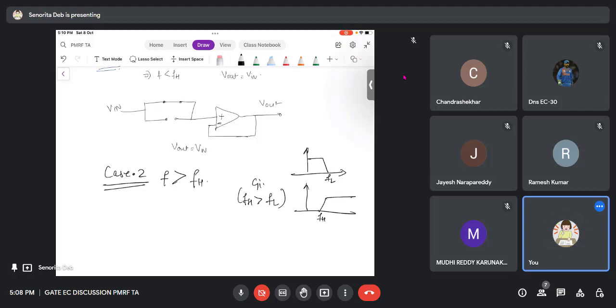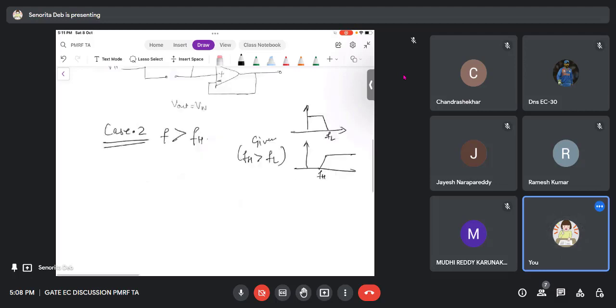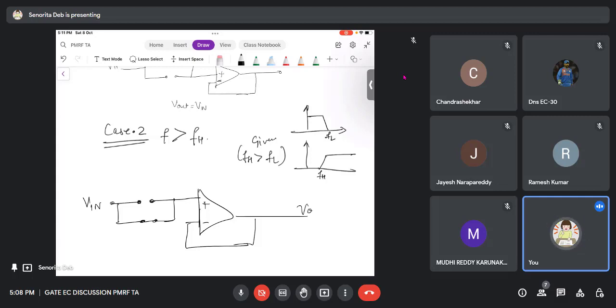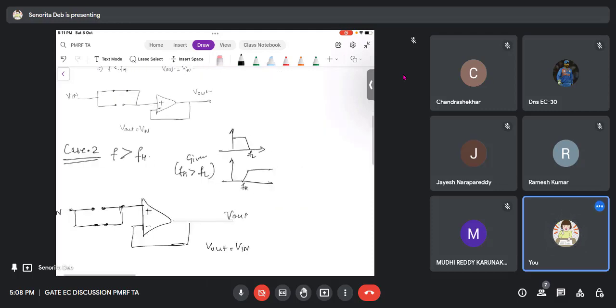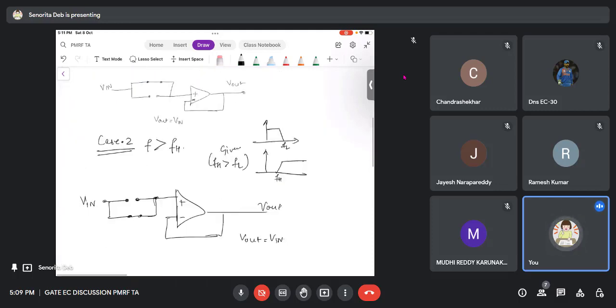So now F1 will be an open circuit and F2 will be a short circuit. But input will go to this node, and therefore you will get V out as V. Now let me take the next case.